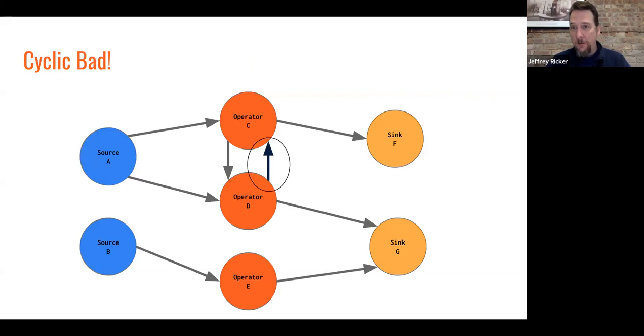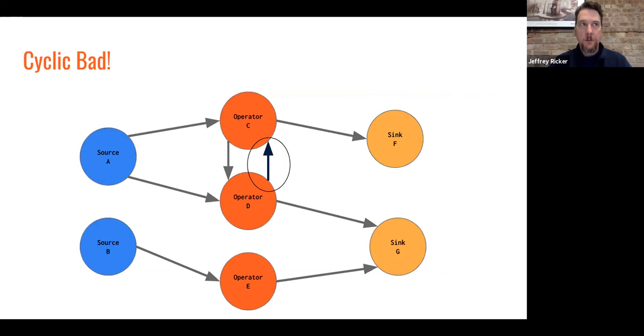Cyclic is bad. And for the most part, you will find that data processes follow an acyclic pattern. And whenever you find that you're dealing with a cyclic pattern, well, there are some far more advanced patterns that need to be applied than what we're going to cover today.